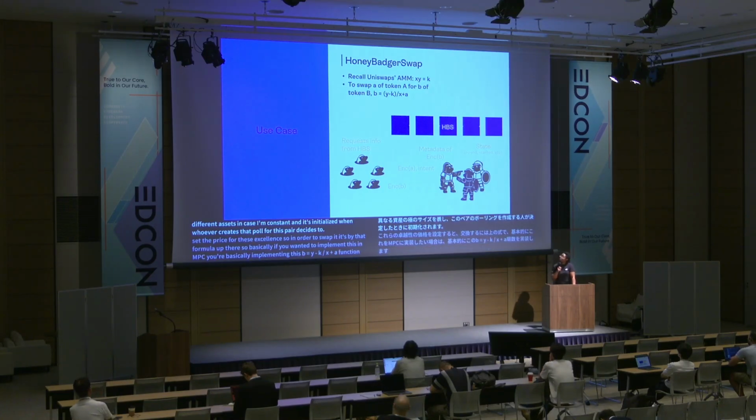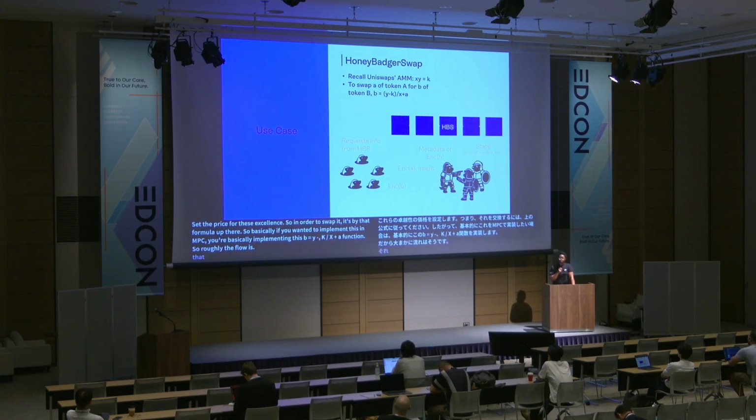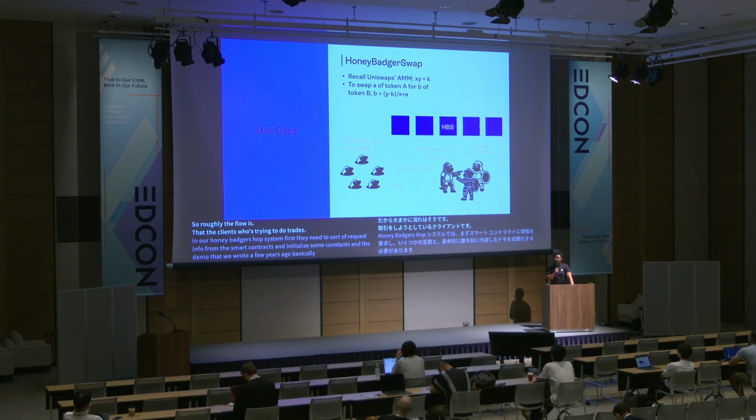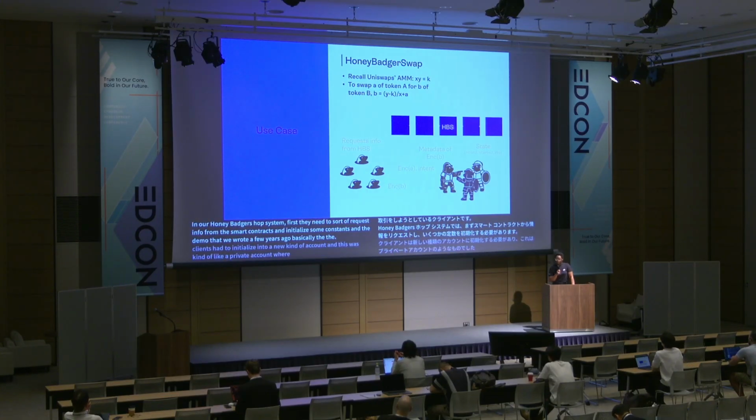So roughly the flow is that the client who's trying to do trades in our Honey Badger swap system first needs to request info from the smart contracts and initialize some constants. In the demo that we wrote a few years ago, the clients had to initialize into a new kind of account. This was a private account where the amount was hidden.